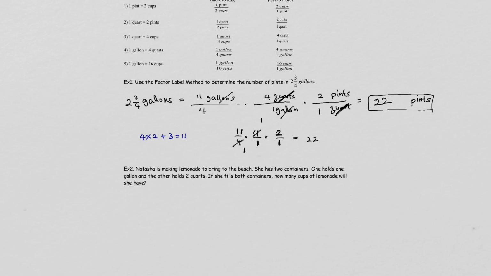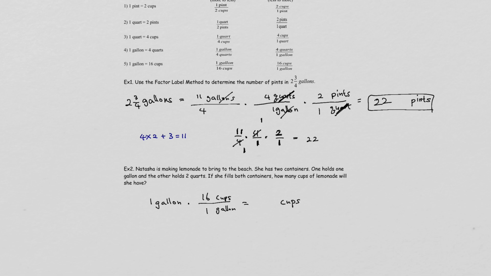So the first thing you want to do is convert 1 gallon to cups. In order to do that, you multiply by cups over gallons. Unit comparison tells me 1 gallon is equal to 16 cups.